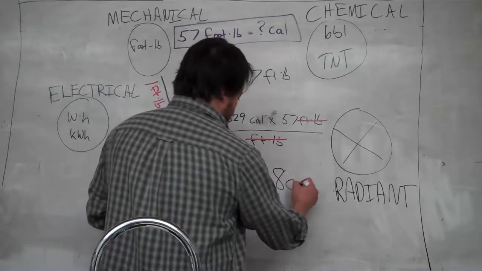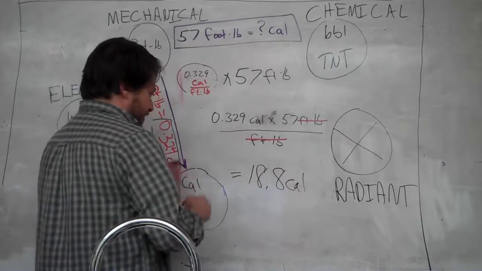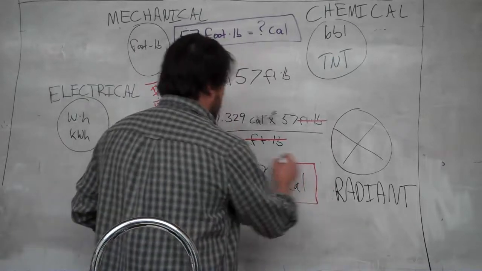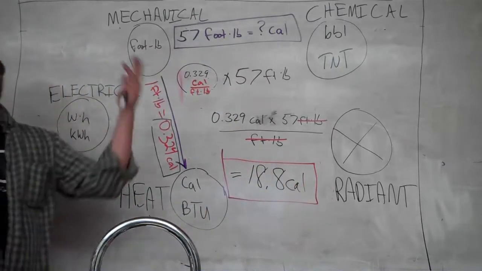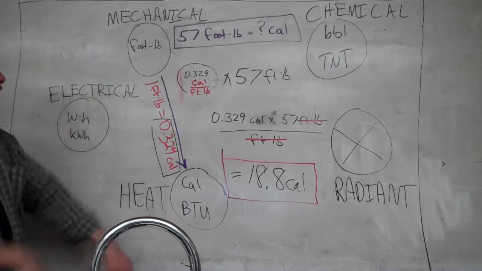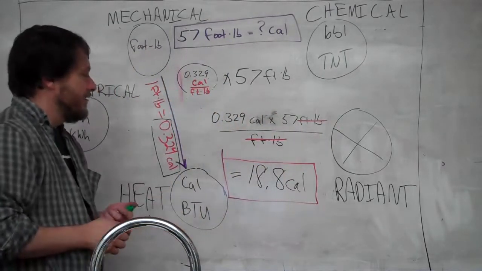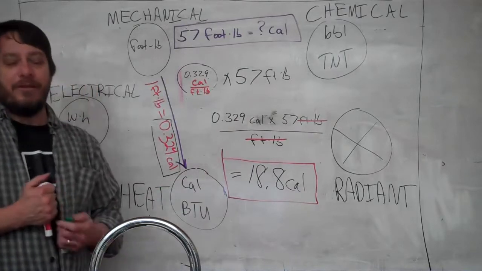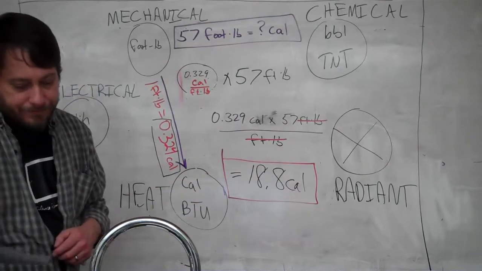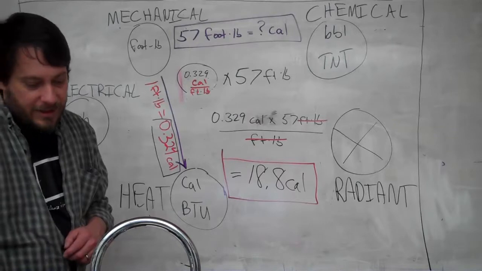Calories. Never forget your unit. So that's how much energy it takes to move one 57-pound weight 1 foot. So you burn 18.8 calories doing that. Yes, indeed.